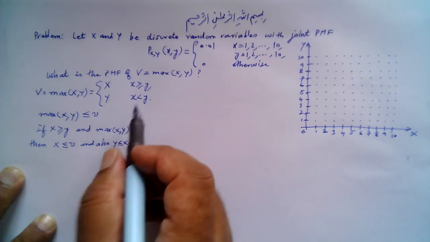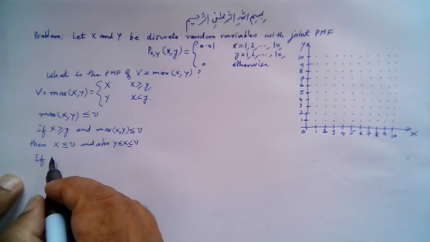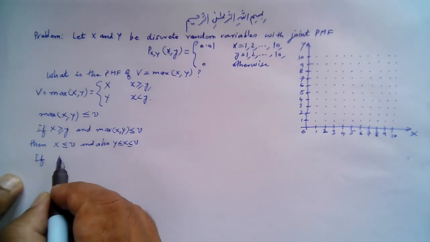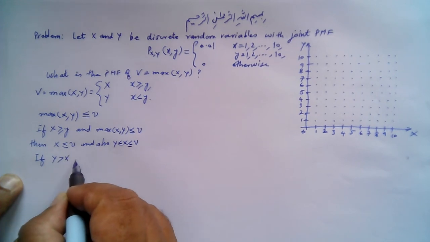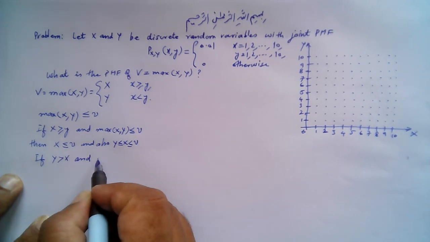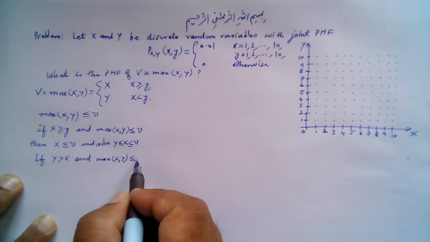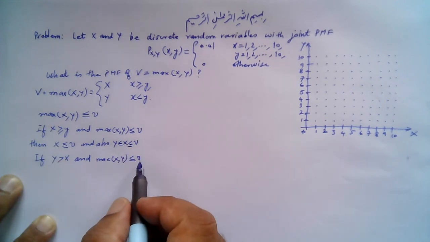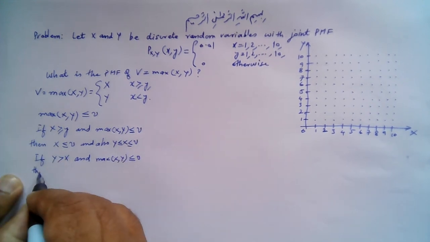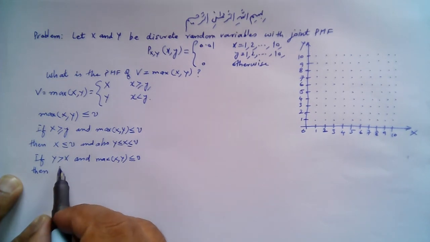In the other case, if y is greater than x and the maximum of (x, y), the same scenario we are considering, is less than or equal to v, then in this case the maximum value is y here.